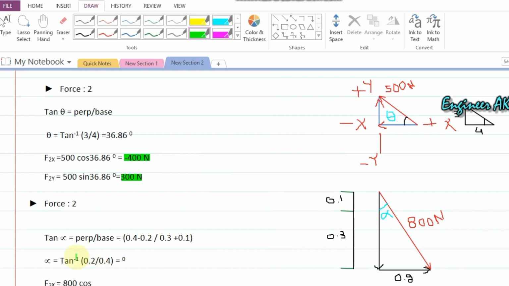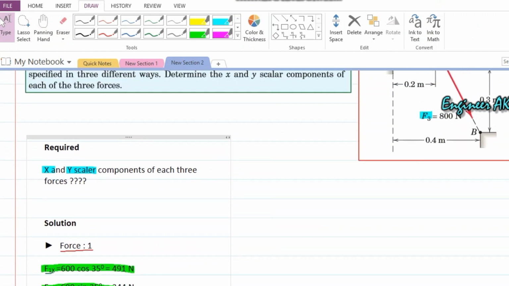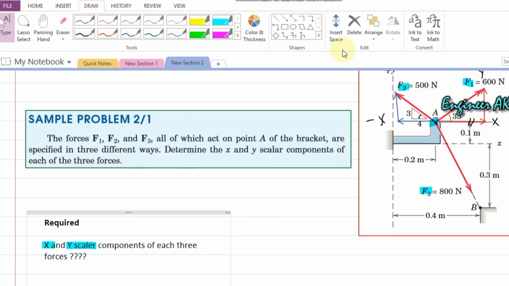Now moving toward the third force, let me write here the third force. Okay, so let's first understand. What we are going to do is, in this diagram, this is the component, so I will divide this also into two components.